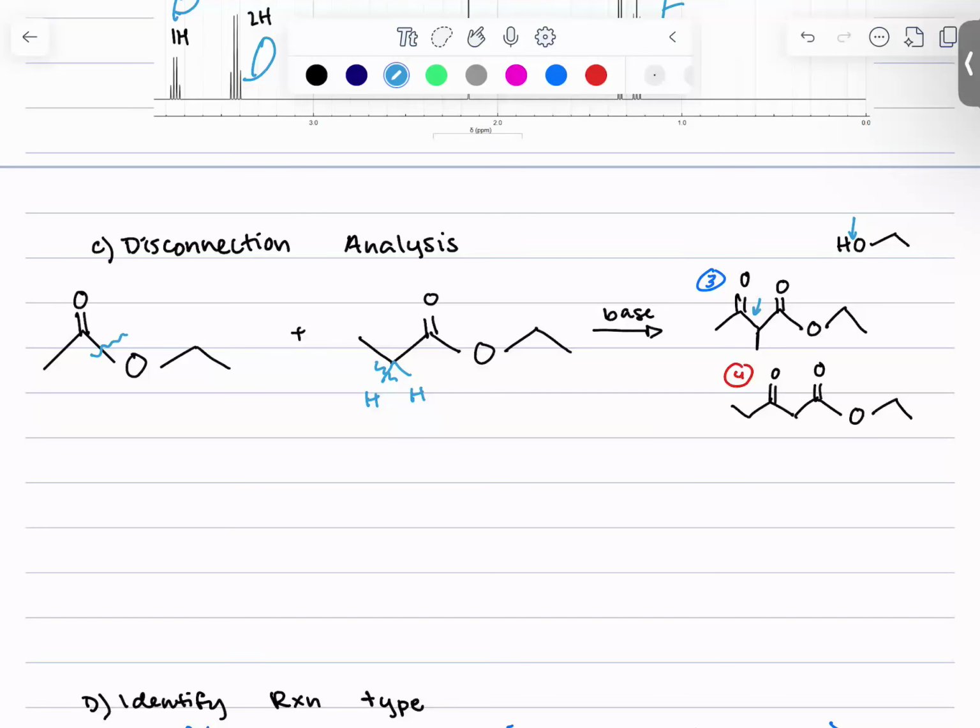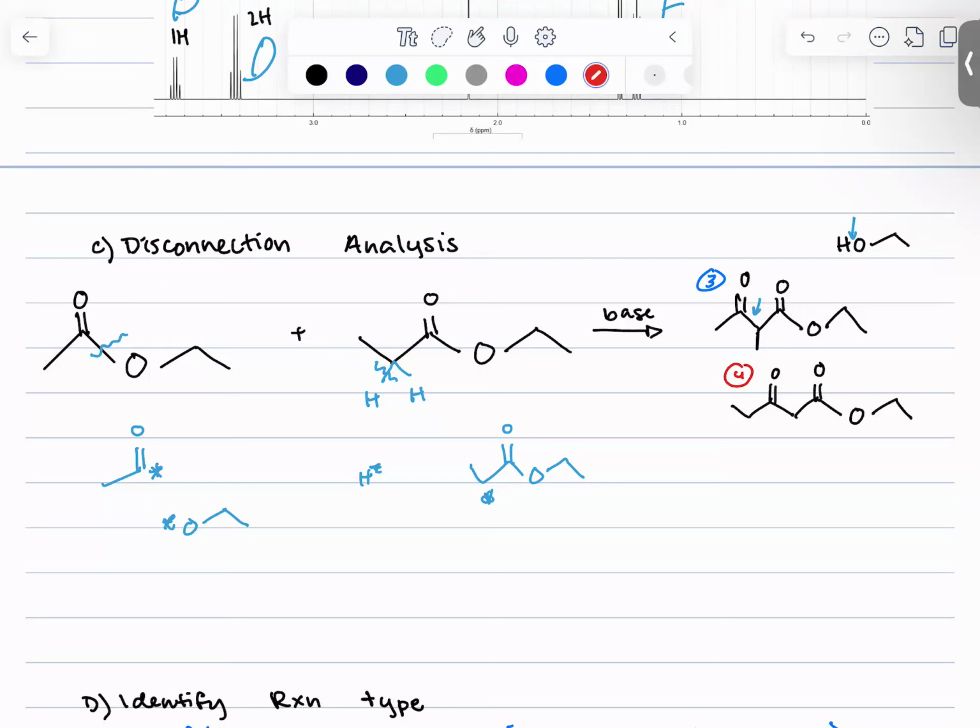From this, these are all the star molecules that we should get. We're breaking 2 bonds, so we will have 4 new products. And then we form bonds, so we end with really 2 products.